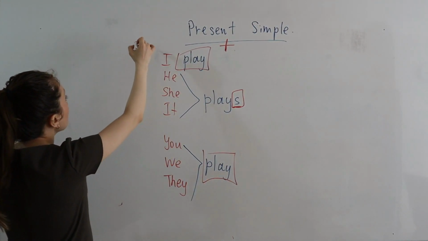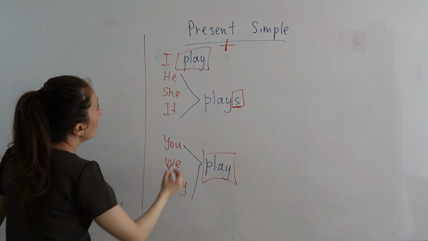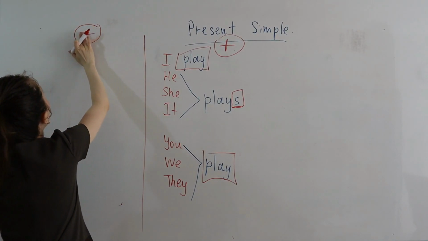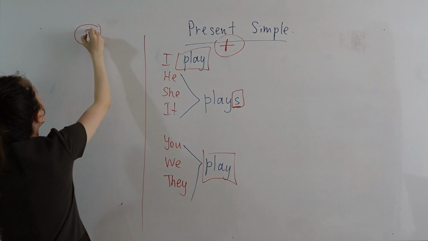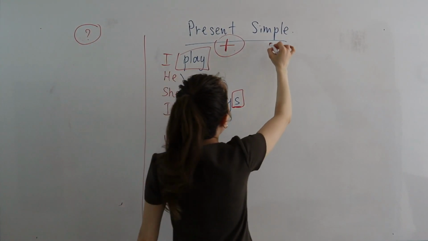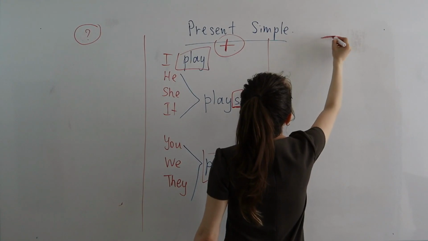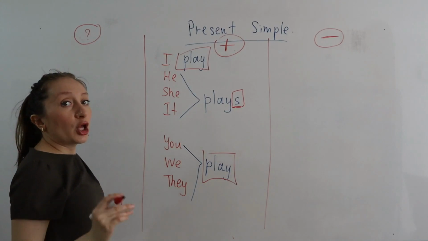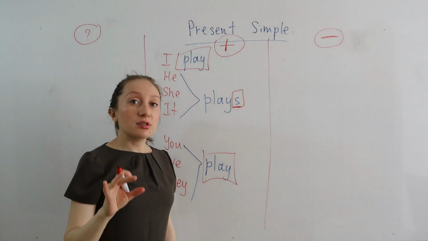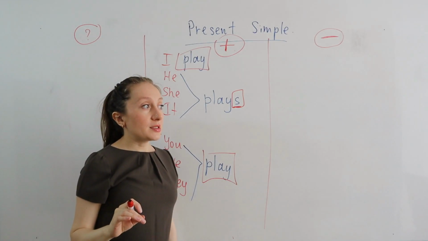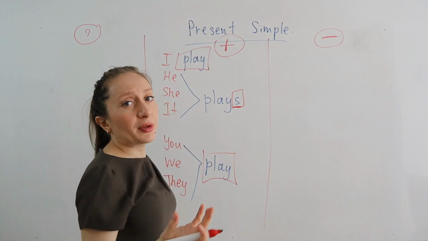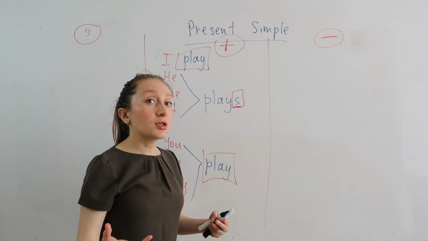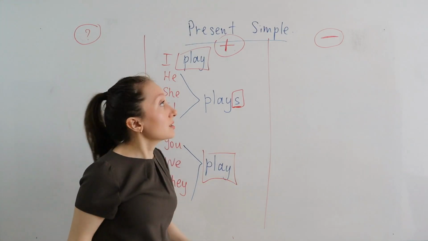So now we will have questions here, right? We'll have questions. And here we will have negative sentences. Yeah. So for present simple, you have to use auxiliary verbs. Auxiliary verbs, it means helping verbs that help you to make a sentence, to make a question or interrogative sentence or negative sentence, and so on.